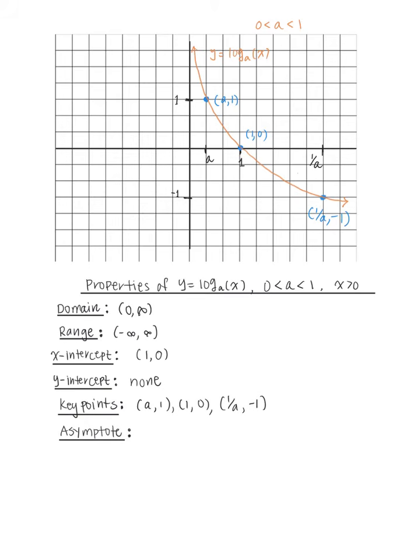Now where is that asymptote? So it looks like we got a vertical asymptote at the y-axis, which is x equals 0. That will be the equation of the line. So I'm just going to write it as y-axis. Now the equation of the line is x equals 0. Again, this is an equation.